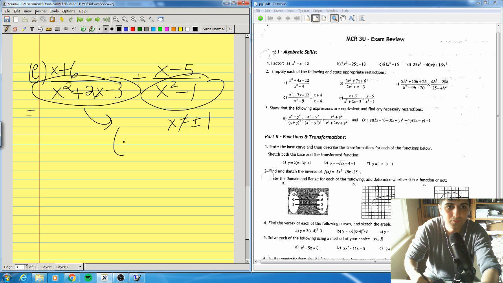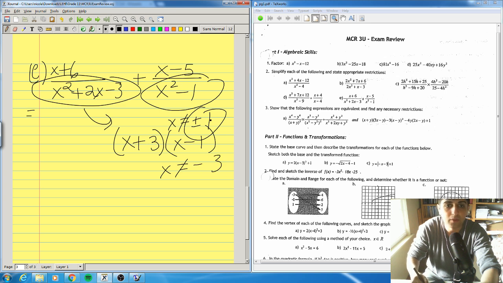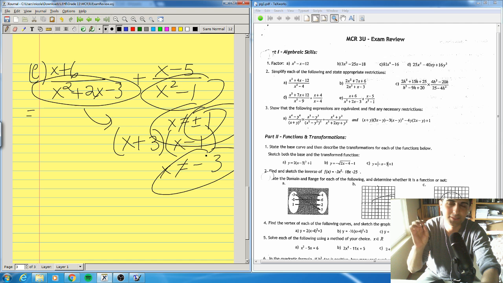So that turns out to be x plus 3 and x minus 1, because 3 minus 1 is 2, positive 2, we're good. And so then x can't be 1, but we already know that, right? So I don't have to restate it, but x can't be negative 3. So these two statements are your restrictions.